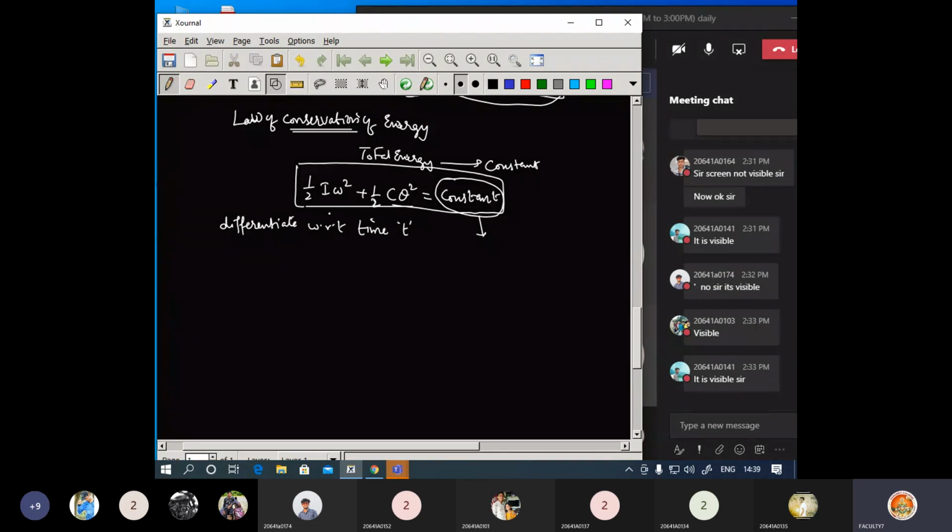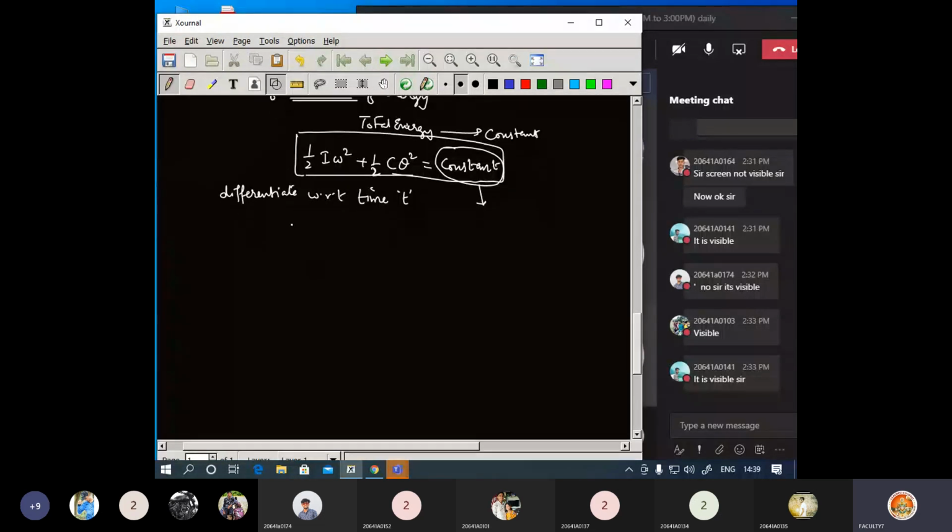Now let us see what the differentiation is on the left hand side. You will get half I. Now what actually is omega? Omega is given as d theta by dt, the angular displacement. So omega square means d theta by dt whole square.